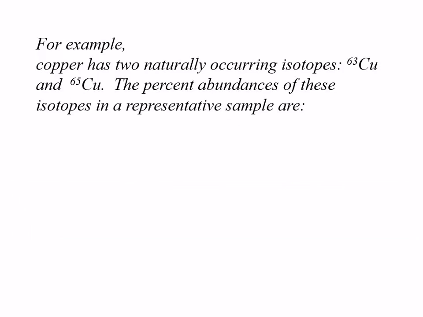So instead of carbon, if we pick on Cu, what does Cu stand for? Copper. If we pick on copper, it has two different isotopic forms: a mass number 63 and a mass number 65. The upper left-hand corner is the mass number, okay?